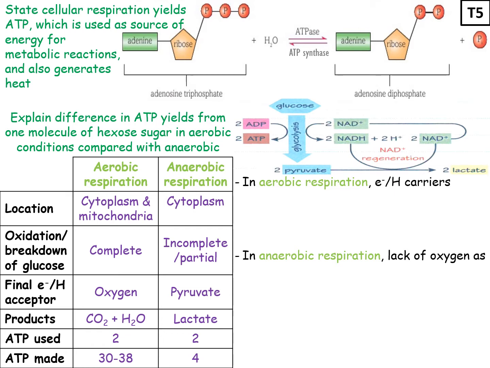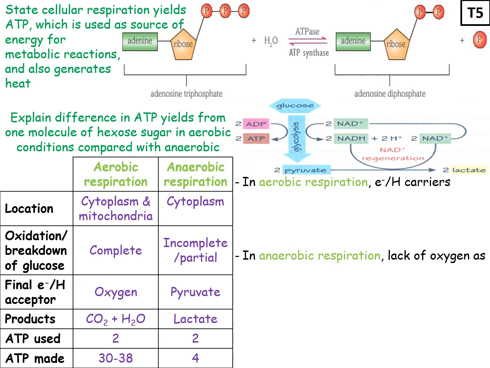The final electron and hydrogen acceptor is oxygen in aerobic respiration, but due to the amount of reduced NAD that is made, pyruvate is used as the final electron acceptor in anaerobic respiration, because it oxidizes those reduced NAD molecules. The products of aerobic respiration are carbon dioxide and water, whereas it's lactate in anaerobic respiration, which can dissociate to hydrogen ions and lactic acid.